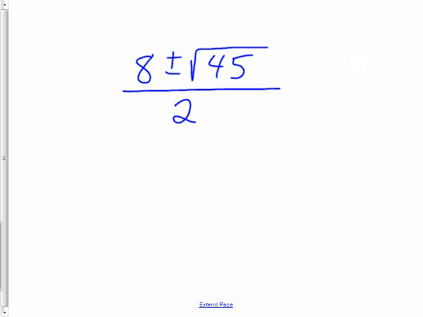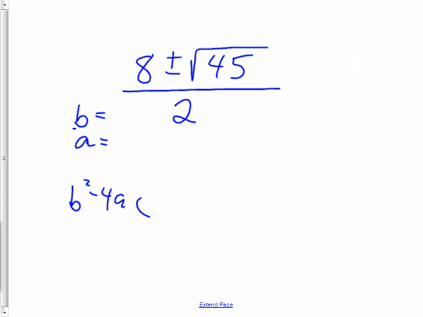Would you agree that this is all over 2A and therefore A must be 1? Okay, good. A is 1. Okay, what's the B? B is -8. And then what's the little equation you could write? A was this, B was that, and then B squared minus 4AC.